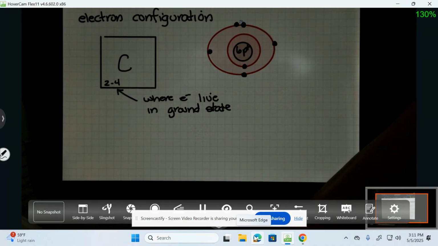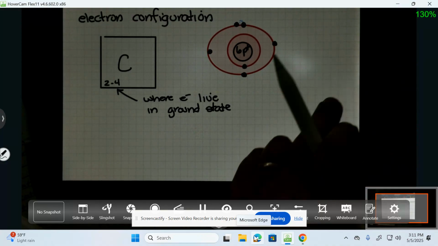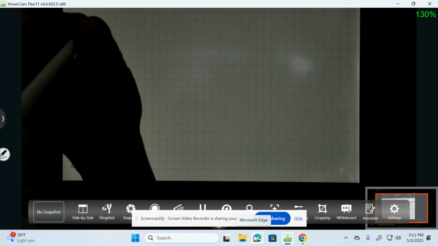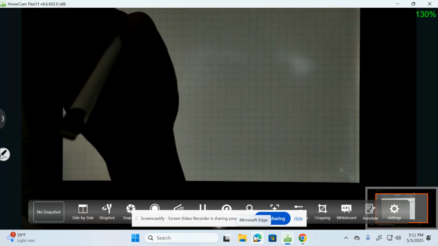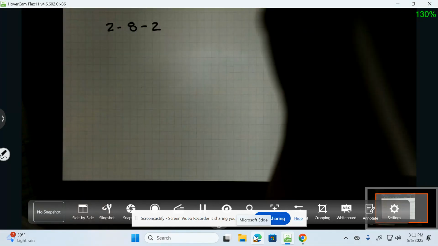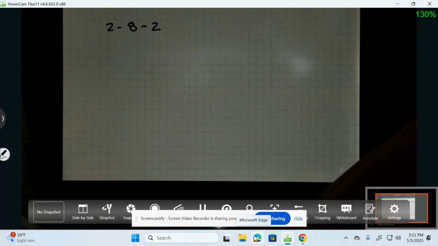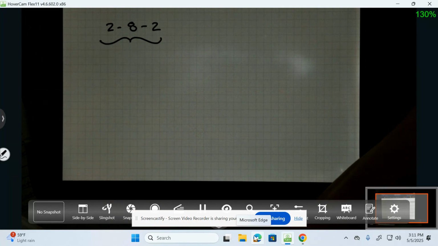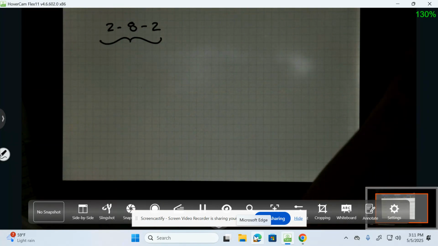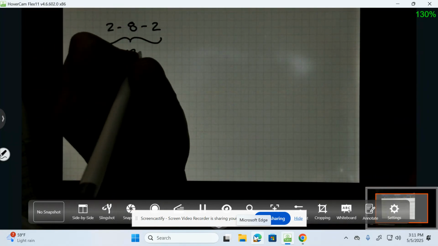Let's look at how you can tell if something is ground state or excited state by just looking at the electron configuration. If I give you 2-8-2, and I say, is that a ground or excited state electron configuration, what would you do? Okay, you would add them all up. That would give you 12 electrons total.